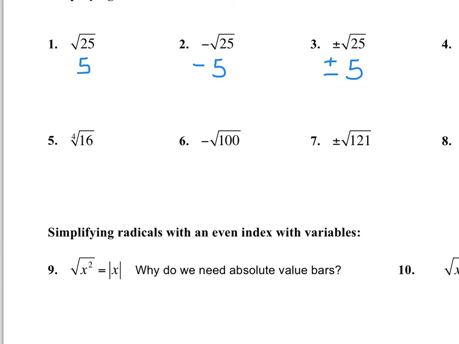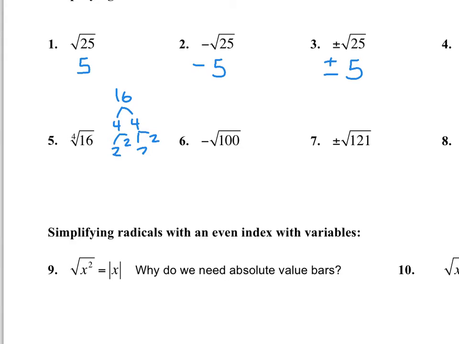So far, for the first 4, we had an index of 2. Now we're going to use an index of 4. Alright, so if you break down 16, you get 4 and 4. And if you break those down, you get 2 and 2, and 2 and 2.